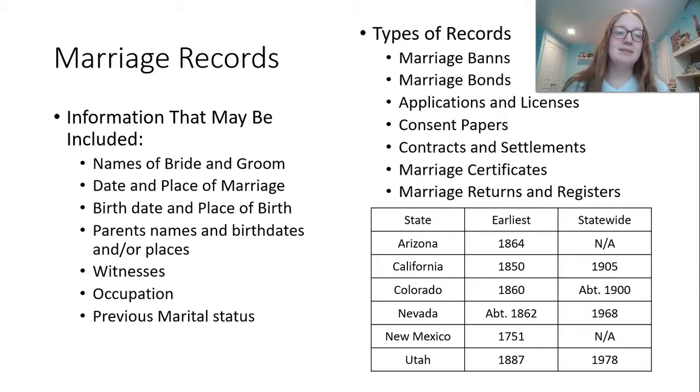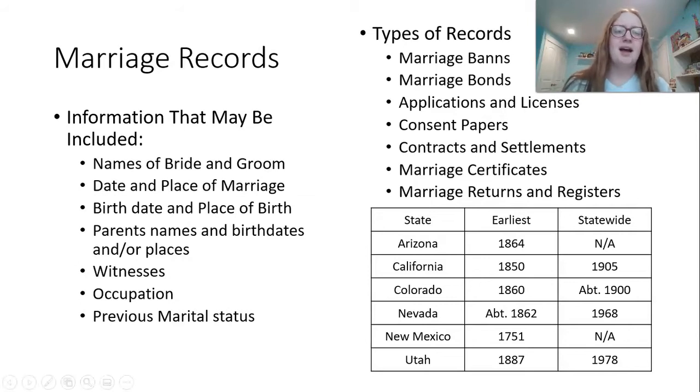The witnesses might be related to your bride and groom, so this can help you with fan club research because it gives you family members or neighbors, other people that the bride and groom tended to know. Then the occupations of your bride and groom may be listed, so you can know what they did. And then their previous marital status. So if they were married before and divorced or widowed, or if this is their first marriage, that might be on there as well.